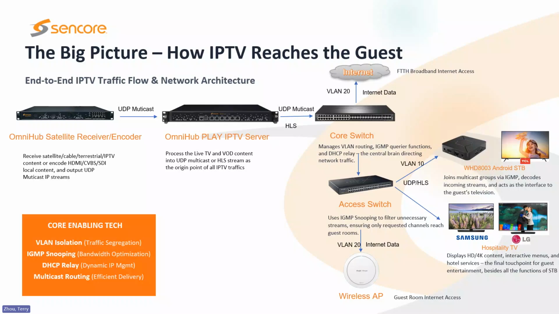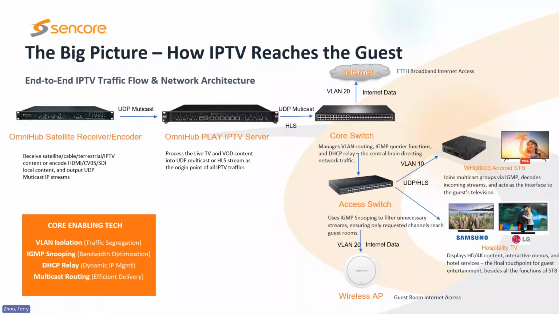And other than that is IGMP query and IGMP snooping. If you do not have IGMP snooping, then whenever the TV set-top box makes a request for a multicast stream running inside our switch, all the streams will run in broadcasting mode, so it will flood the network.